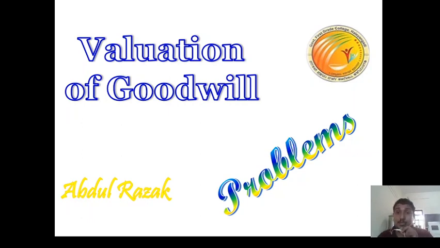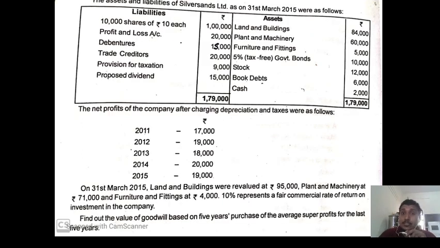This is one thing. Secondly, since investment is something that we do not consider, we should not also consider income from those investments. For example, in this problem, there is 10,000 rupees, which is the investment, and 5% is the return on the investment. If you look at the balance sheet, you can find 5% tax-free government bonds, rupees 10,000.